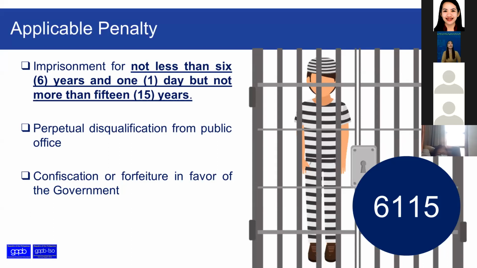Meron din dito disqualification from public office. Unlike RA 9184, disqualification to public office could be temporary or perpetual. Pero sa RA 3019, pag ito ang ikinasa sa'yo, perpetual na yan. Hindi ka na makakabalik either as an elective official or as an appointive official. And same din sa private individual na involved.